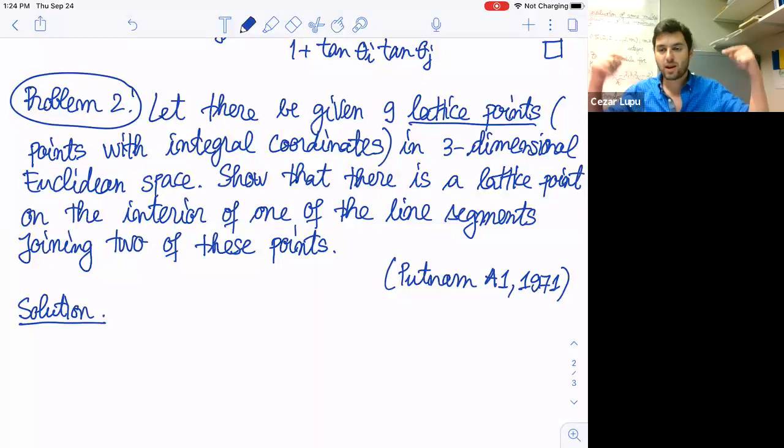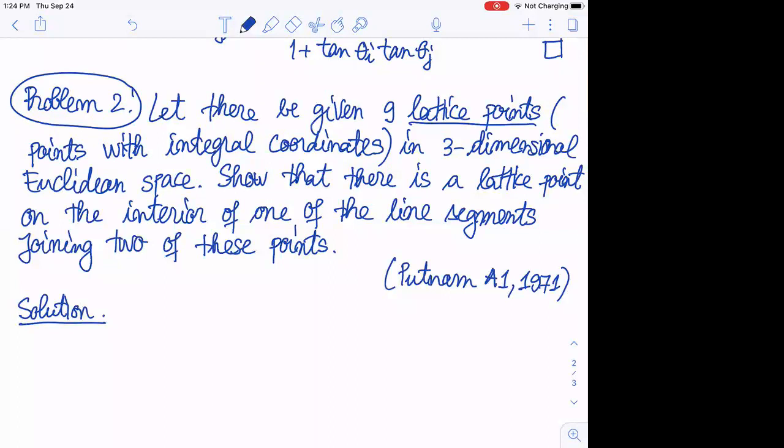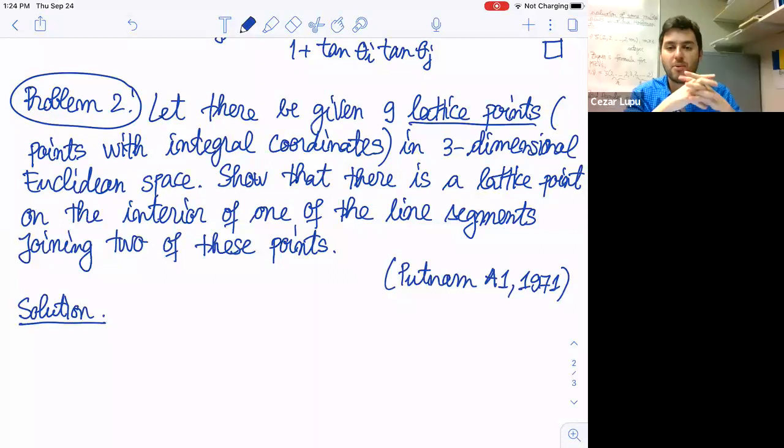In such a way you can have 2 of them will... It needs to be 8, right? Exactly. So you need to divide these 9 points into 8 categories of points, such that by the Pigeonhole Principle 2 of them will lie in the same category. So how should you categorize? That's the question now. How should you categorize these 9 points? So you need to put them in 8 categories.